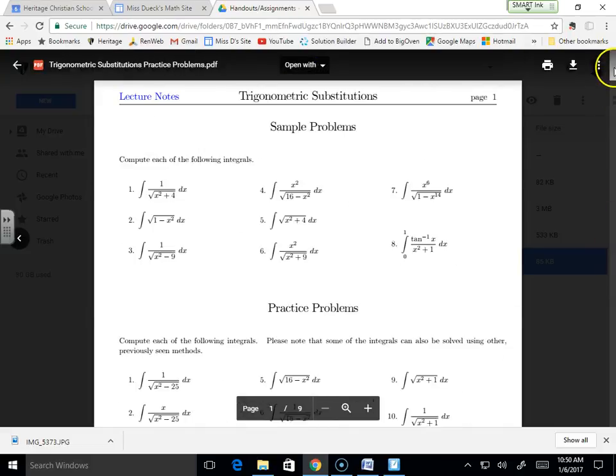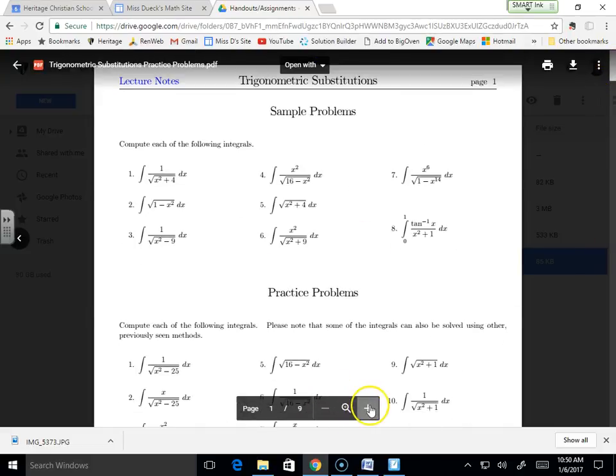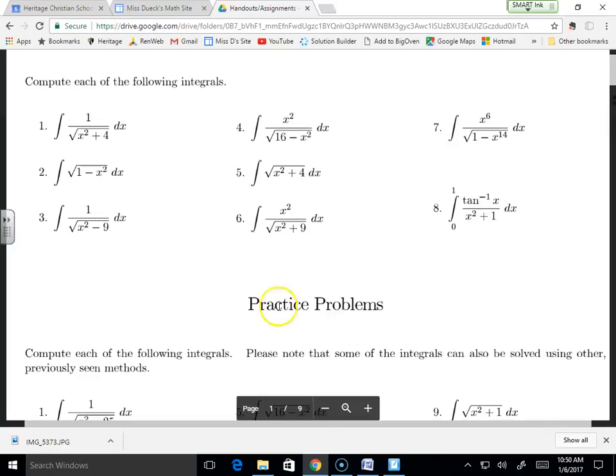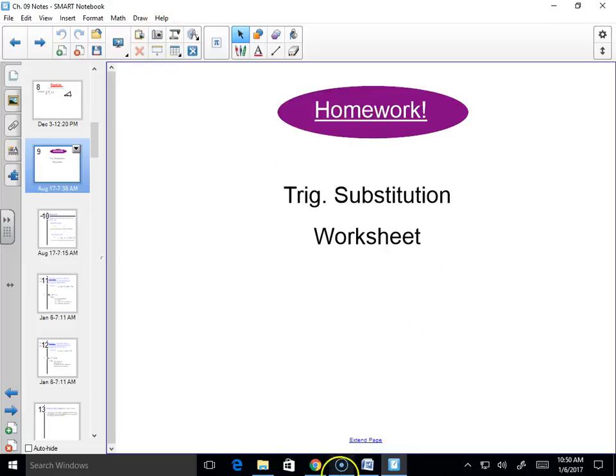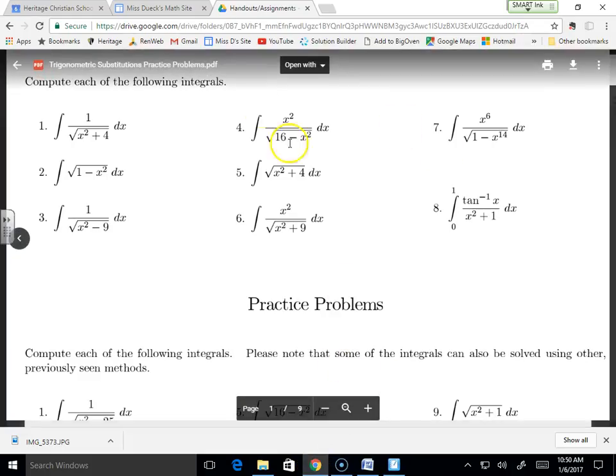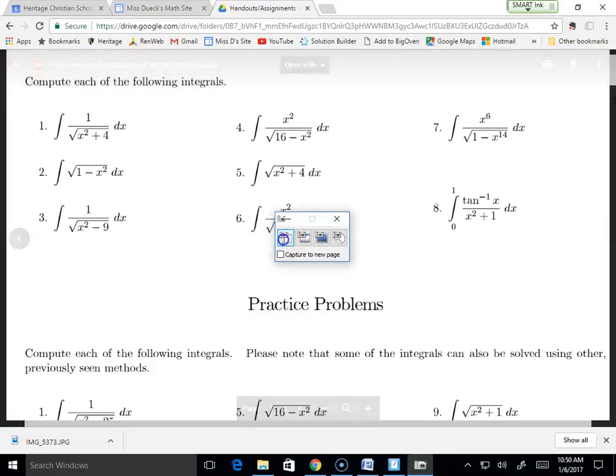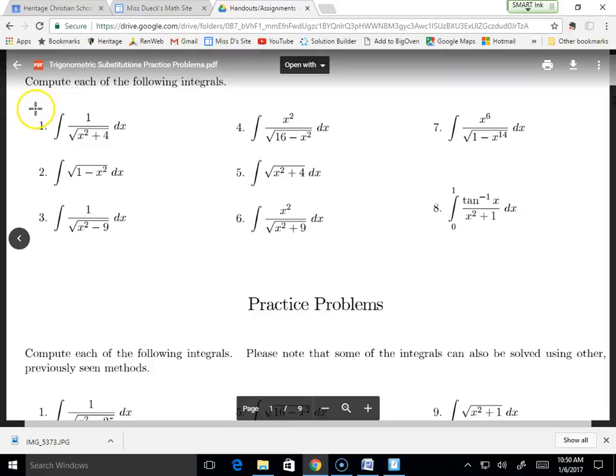Let me go back to the sample problems. We might not do all of them, but if we could do a couple, it's not a bad idea. Alright, Amanda, which one?